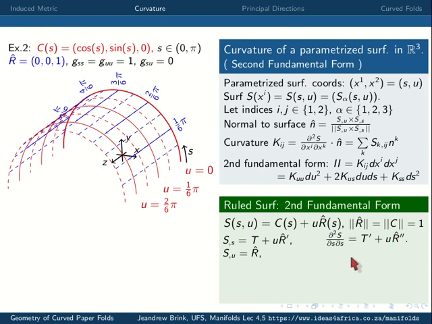Okay, and the derivative of S with respect to u, the mixed derivative, you can either take this one and differentiate it with respect to u, so you just get r prime, or you can take this guy and differentiate it with s, and you also get r prime, so that's r prime, and the second derivative with respect to u is just 0, okay?